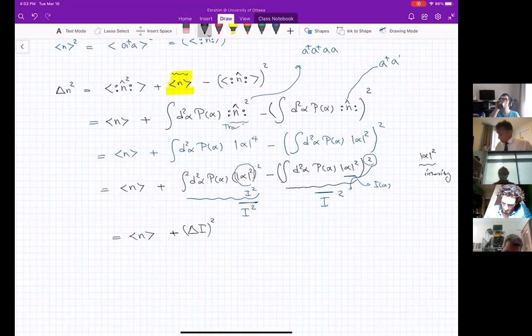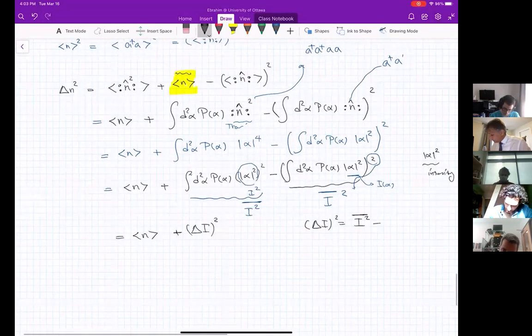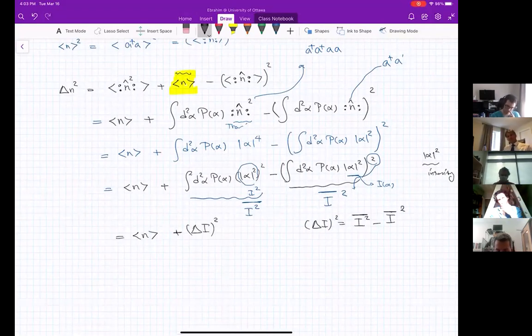We will come back to this and have a little discussion. So delta I squared is essentially the average of intensity squared, minus the square of the average intensity. Clear? Good.